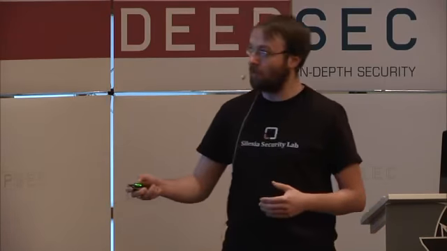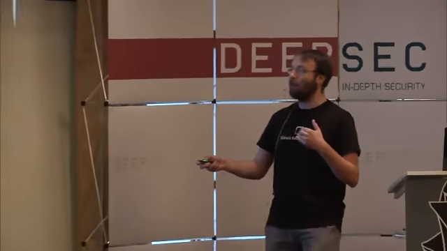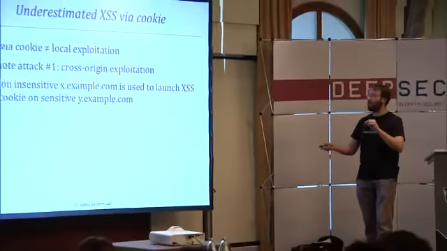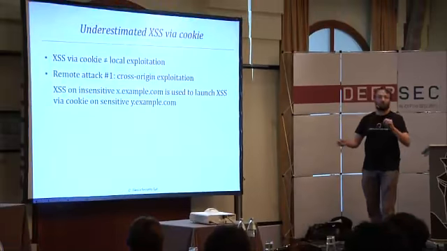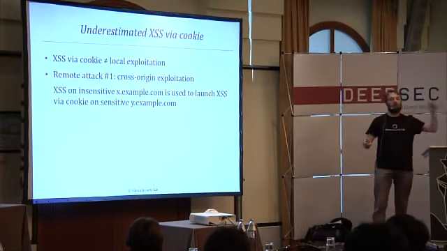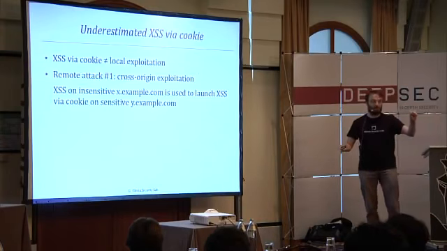Now, when you have XSS on x.example.com, what you can do is set a cookie with the domain attribute example.com. Yes, you can do it. I discussed the problem with the domain attribute previously. It was related to the domain attribute not being specified in the Set-Cookie header.